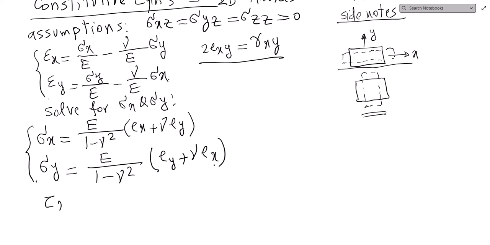And obviously tau xy is Gγxy, where G is shear modulus of elasticity. You can write it in terms of E and mu like this.